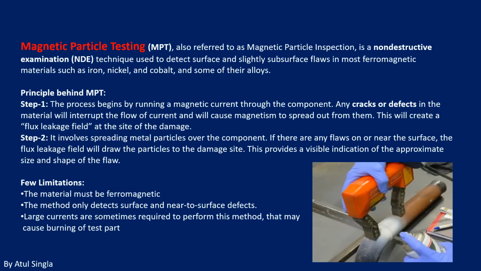The main principle behind performing this testing, if you look at this picture, is that the process begins by passing magnetic current through the component. Any crack or defect in the material will definitely interrupt the flow of current. This will cause magnetism to spread out, and once this happens, it will create a flux leakage field at the point of damage.